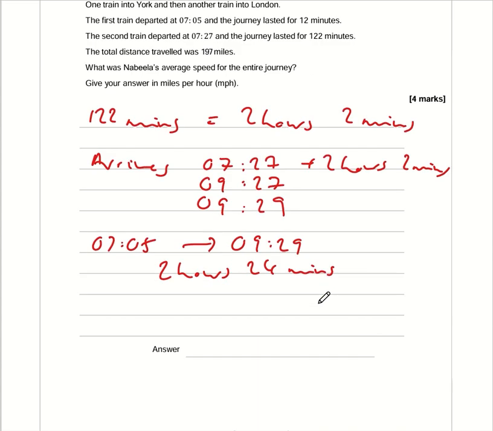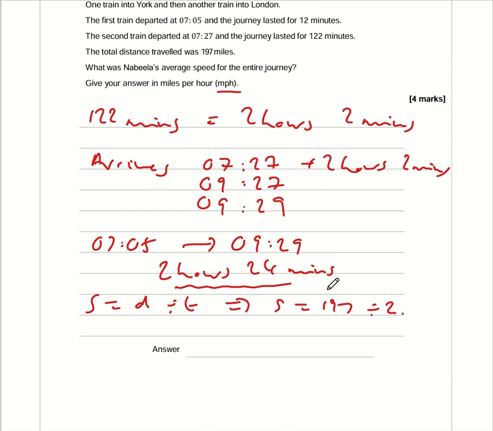Another formula we need to use here is that speed is the distance divided by the time. So the speed is going to be the distance, which is 197, divided by, okay, this is going to cause a problem here. We want miles per hour, so we need this time in hours. So it's going to be divided by 2 point something.